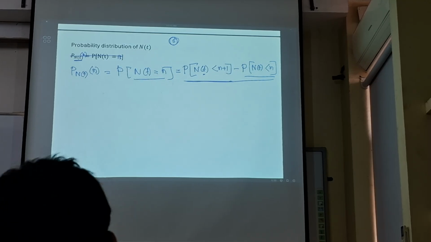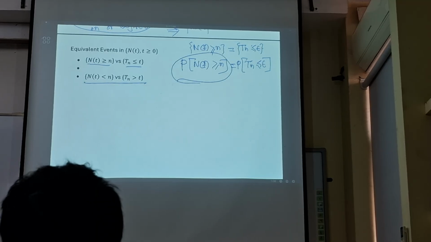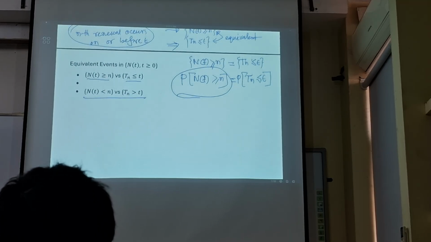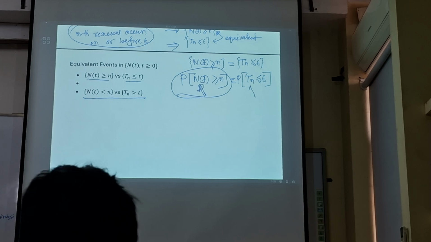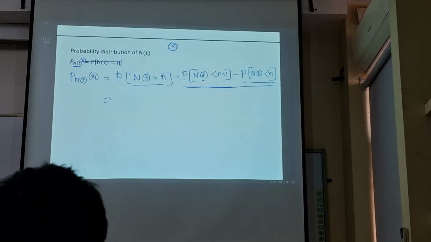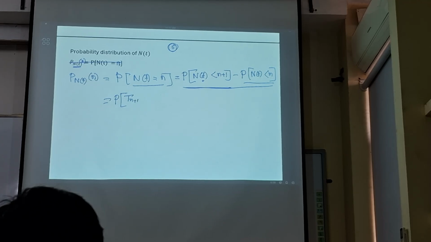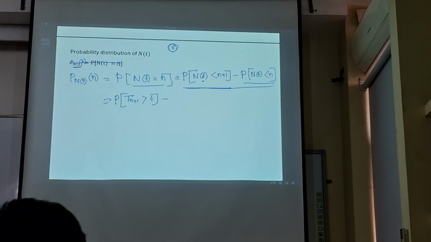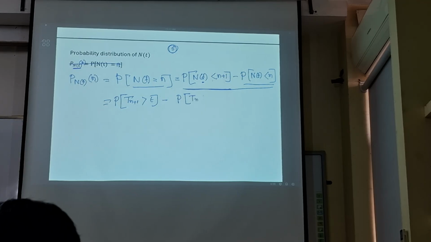And now what can we do? We can just apply this formula. The event that the number of renewals is greater than or equal to n can be replaced by a statement about the renewal time. Then what can we write here? The probability that T sub n plus 1 is greater than t, minus the probability that T sub n is greater than t.